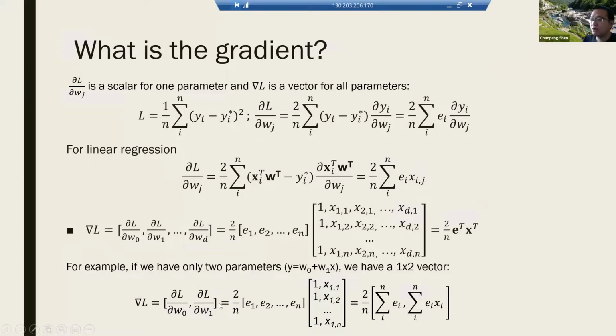That is e1, e2, up to en. Notice you have a vector of size n here, and here you have an n by 2 matrix, with 1 and x1, up to 1 and xn, because there's only one x but n data points. Put together, that's 2 over n, the summation of ei, and the summation of ei times x. Those are the two gradients that theoretically we should find and use in our gradient descent.